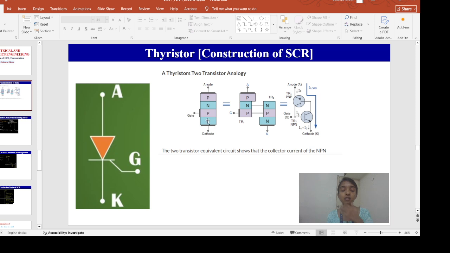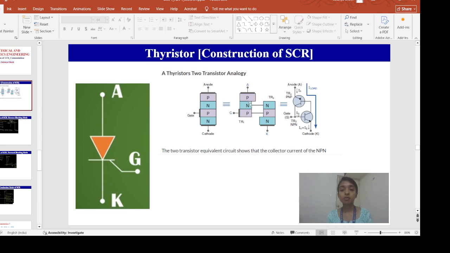You can also visualize this PNPN 4-layer device as if two PN junction diodes are connected back to back. We can also visualize it as one PNP transistor and another NPN transistor, connected together.